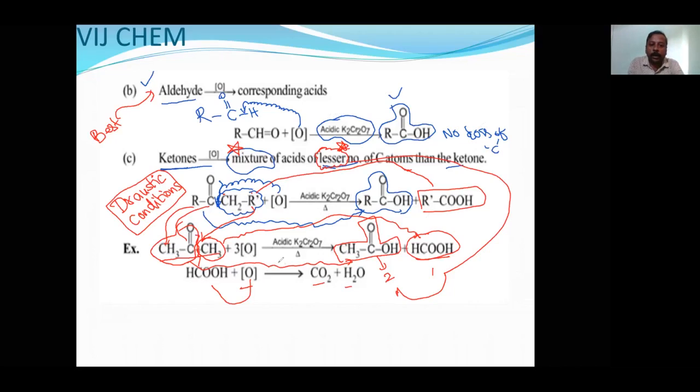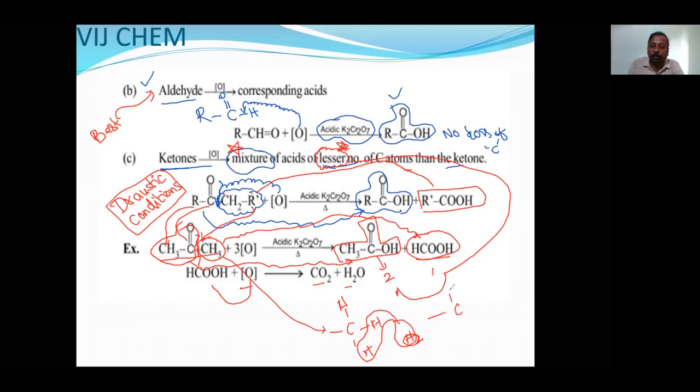So here R dash is CH3. That also I will tell you. See, if you have any doubt, if you ask, then immediately I will tell. So this is the CH3 now. Understood? This R dash is CH3. So this already has hydrogen. When you provide sufficient oxygen, first of all, it will take out this hydrogen as H2O.